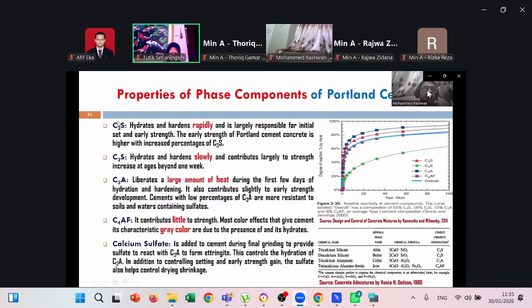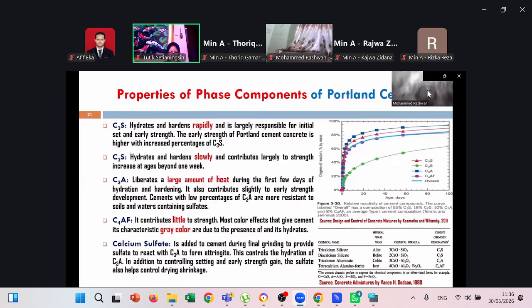So this phase is responsible for the early strength and early hydration of cement. While C2S is in contrary, because it hardens and hydrates slowly. So its strength may appear at a late age, maybe after 1 week.